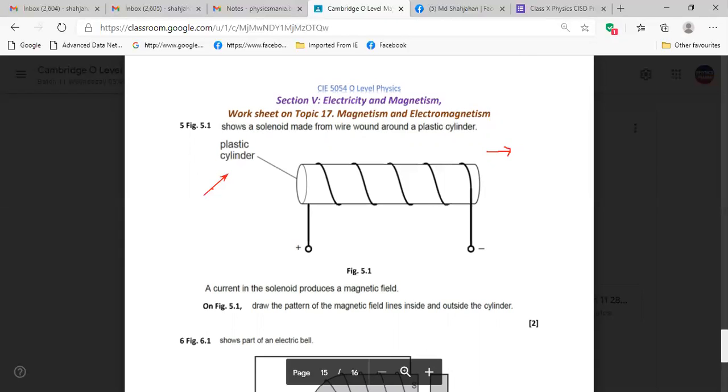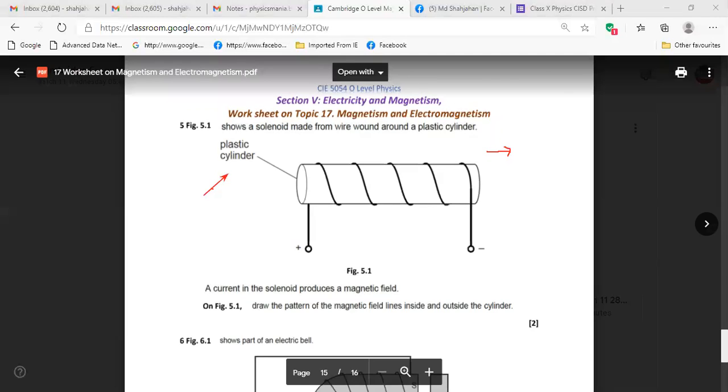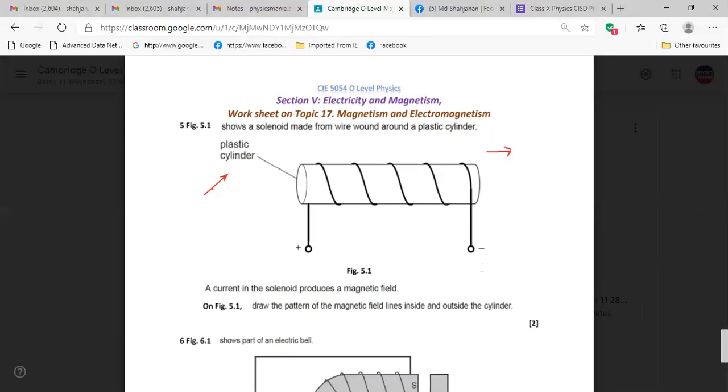At the negative end. Yes. Then you draw it. I'll draw two lines in both directions, upwards and downward, and show the direction also.